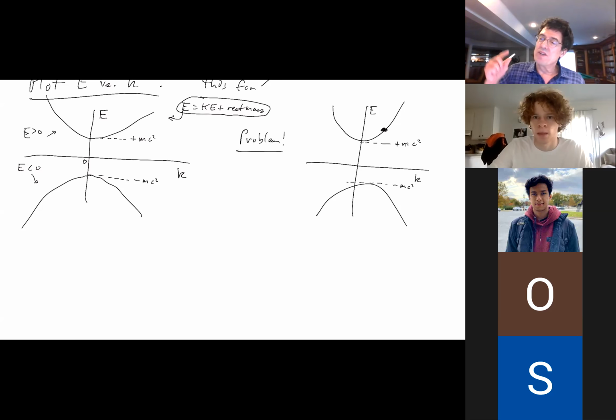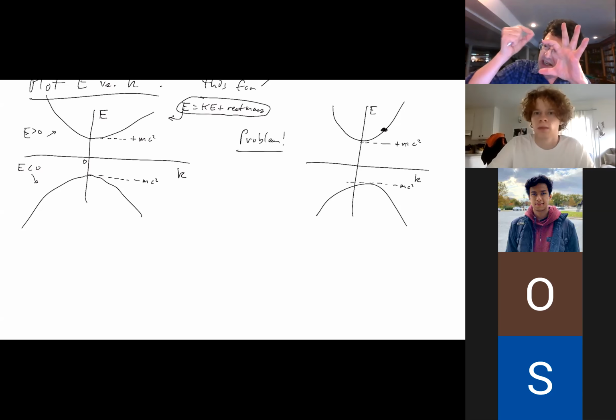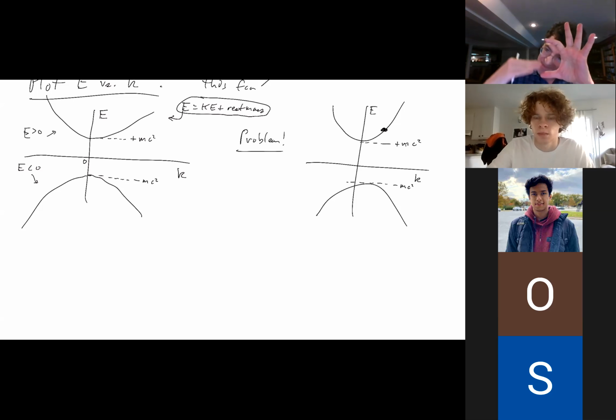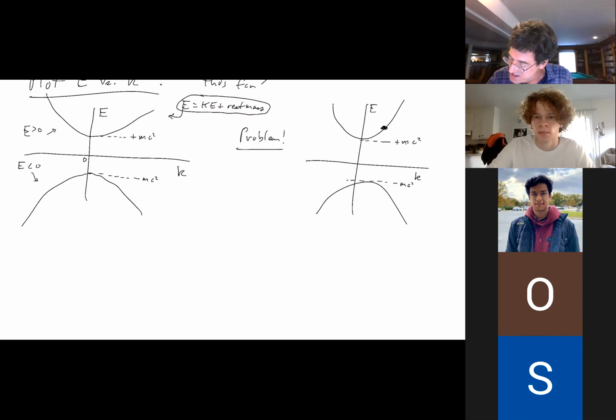When you have an atom in an excited state and you shine light on it, it'll just fall back down. Exactly, it's just going to fall down. But look, notice that this can fall all the way down to the negative energy. And once it goes here, it can keep on falling.